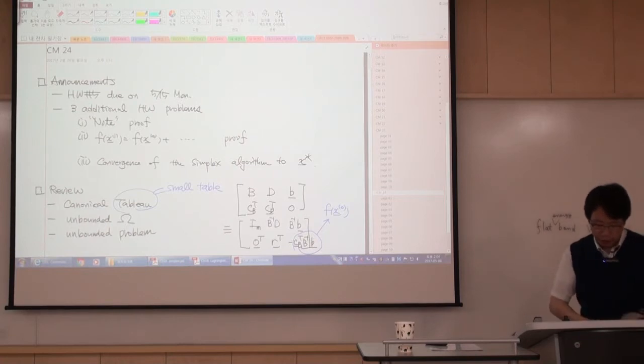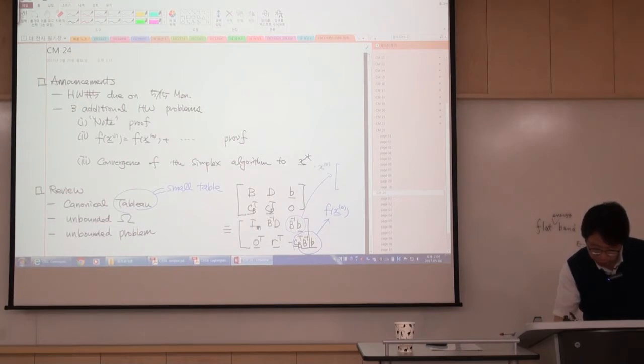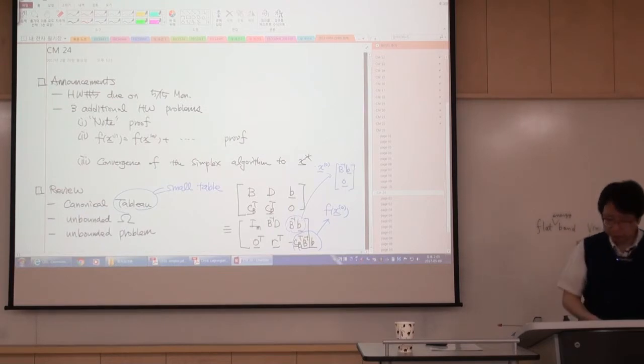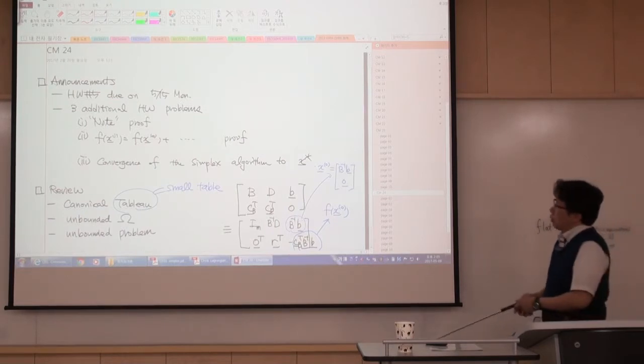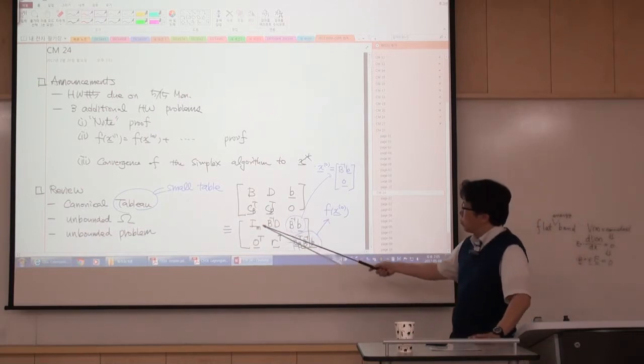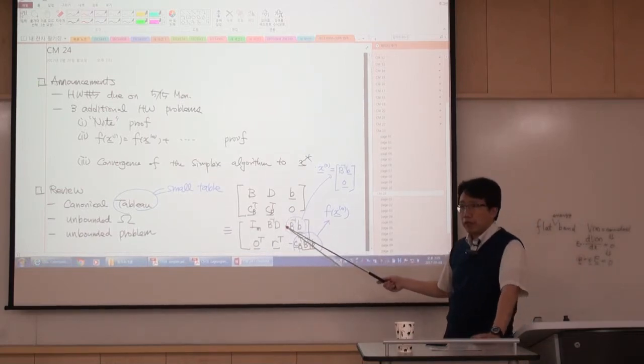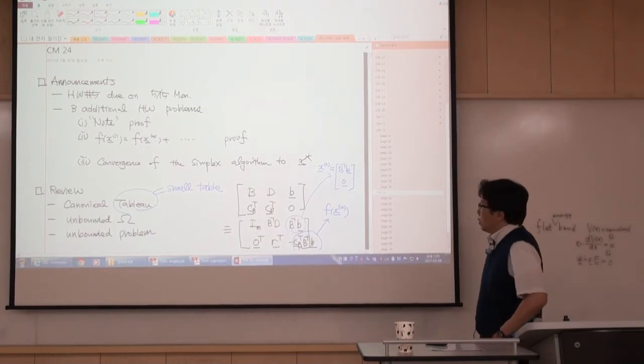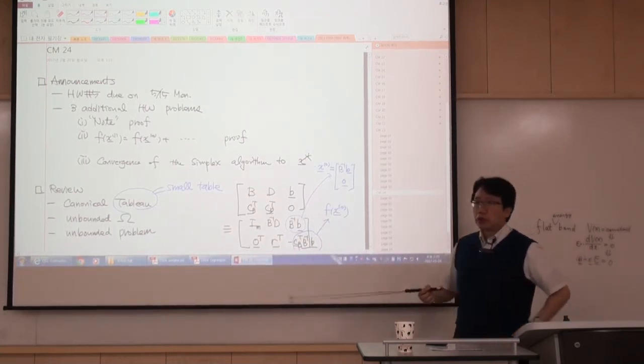By the way, here your x0 is nothing but B inverse b. And sometimes we call this B inverse D as capital Y. So this is our starting point.